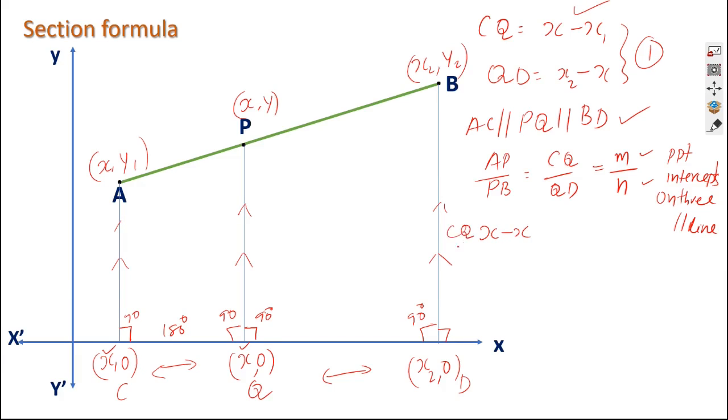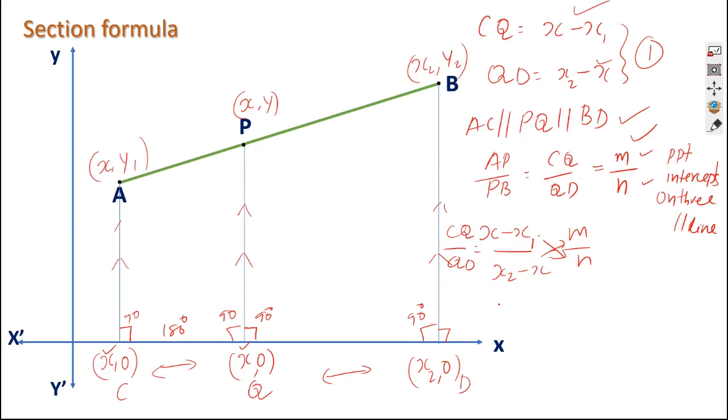I am rewriting CQ upon QD here, which can be written as x minus x1, and QD can be written as x2 minus x, you can see here. So we can say these are equal to M upon N. When all these are clubbed together, we can write an equation in terms of M and N. That means we can do a cross multiplication here.